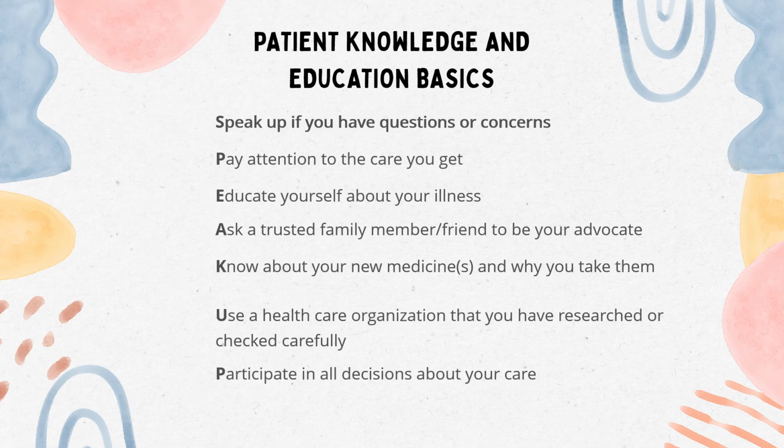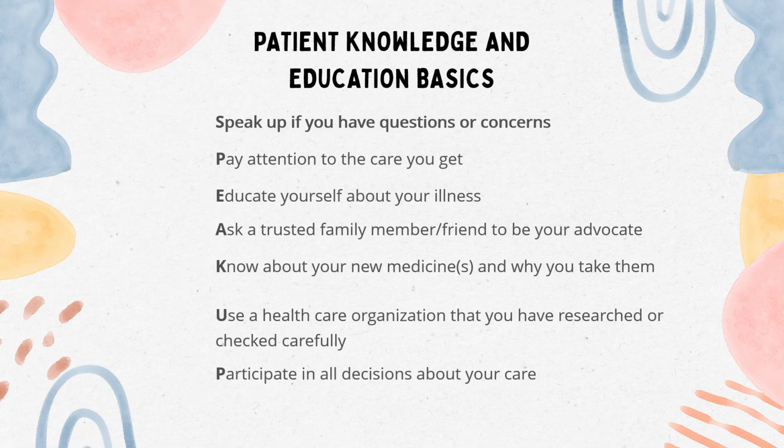K is know about your new medications and why you're taking them. So making sure as the nurse, we are providing the education to them. Then U is use a healthcare organization that you have researched or checked carefully. So really making sure that the patient has done their research and is going somewhere that they feel comfortable.